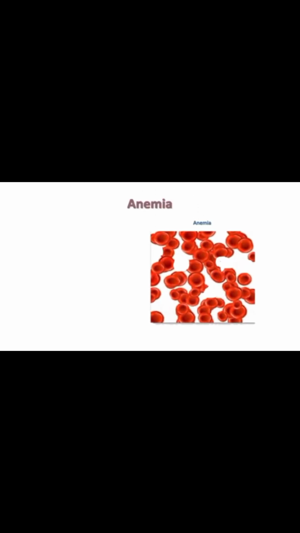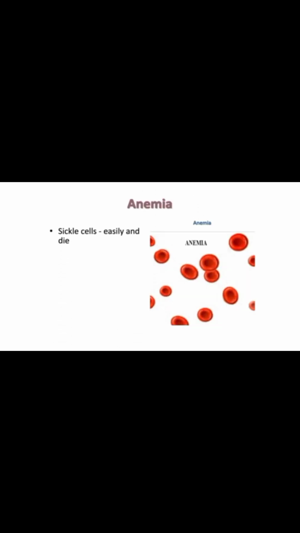Symptoms. Signs and symptoms of sickle cell anemia usually appear around 5 months of age. They vary from person to person and change over time. Anemia. Sickle cells break apart easily and die, leaving the affected person with too few red blood cells.